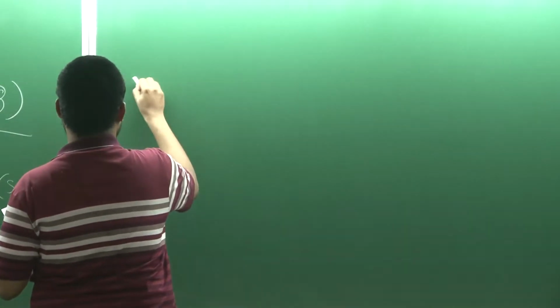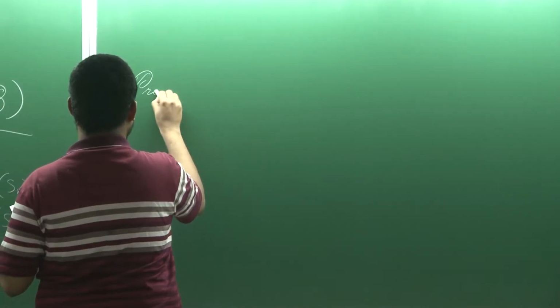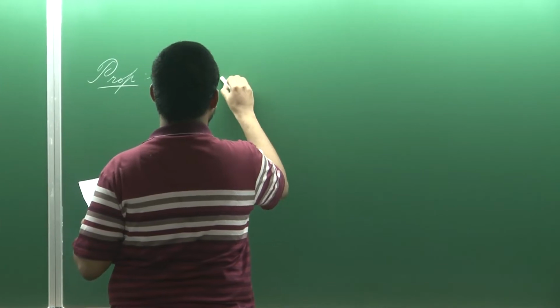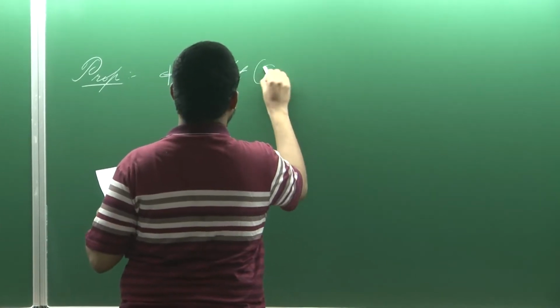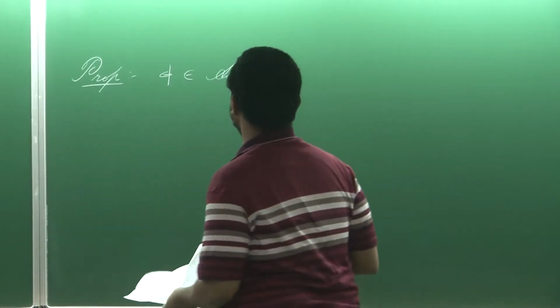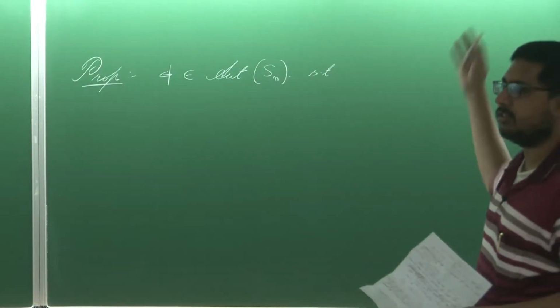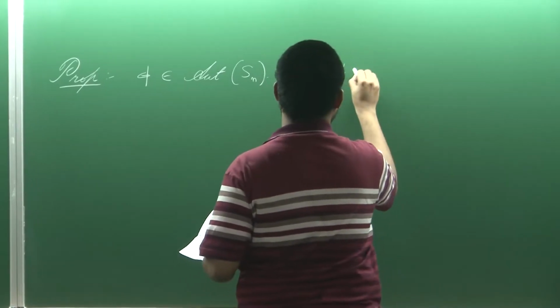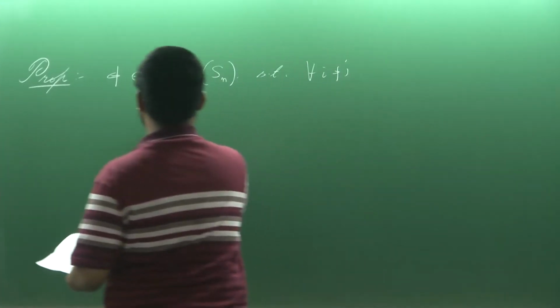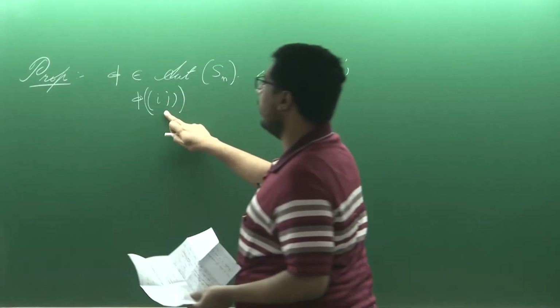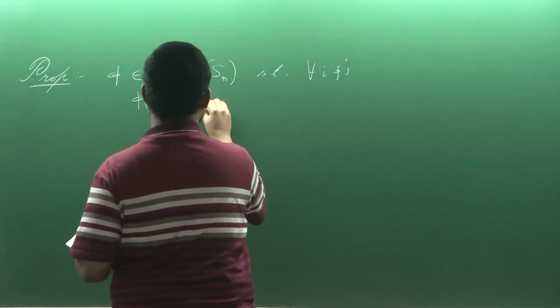observation. Maybe we can write it as a proposition. Let phi be an automorphism of Sn such that it takes transpositions to transpositions, that is, for every i not equal to j, phi of (i j) is a transposition. So, the image of a transposition is a transposition.